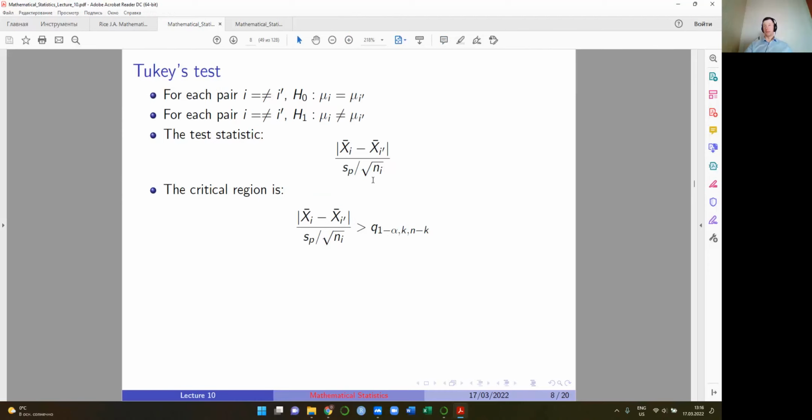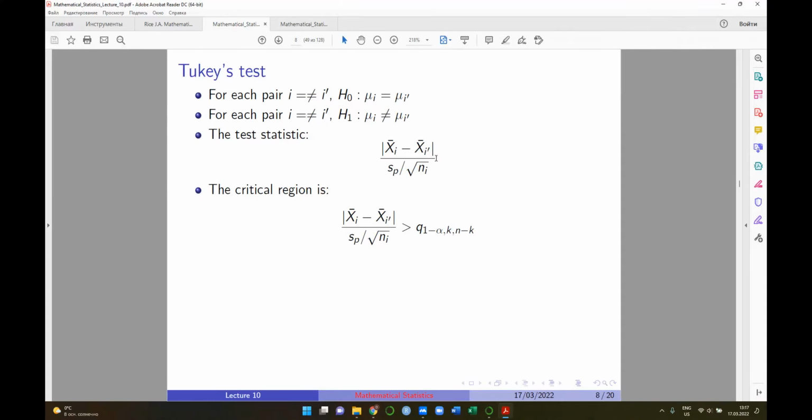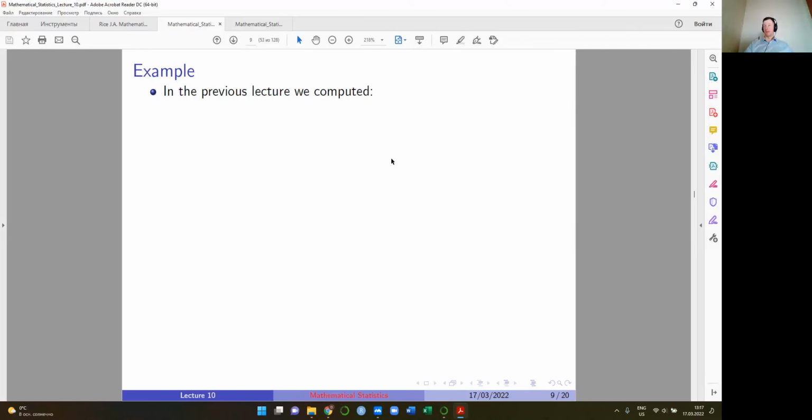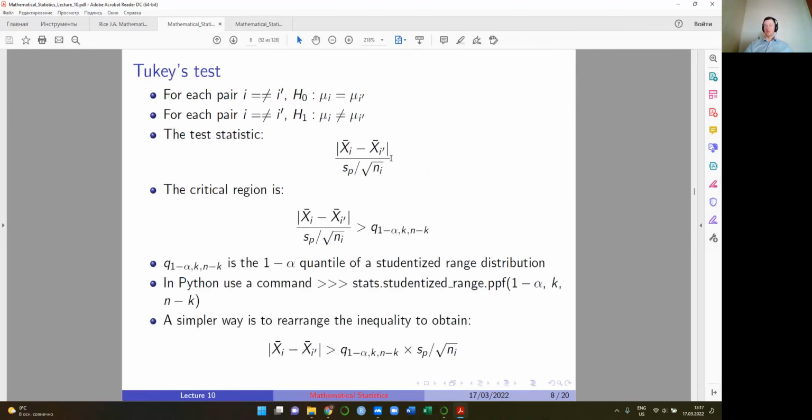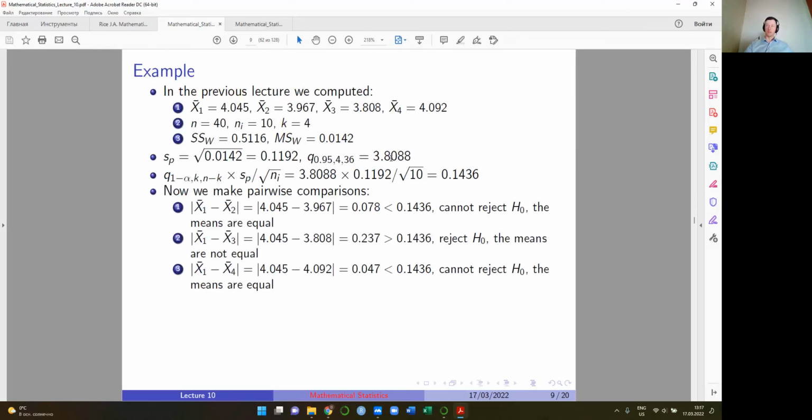And also, when we calculate the test statistic, we divide by n_i, and this n_i must be the same as n_i prime. So basically this must be the same number. And this is the weakness of Tukey's method.